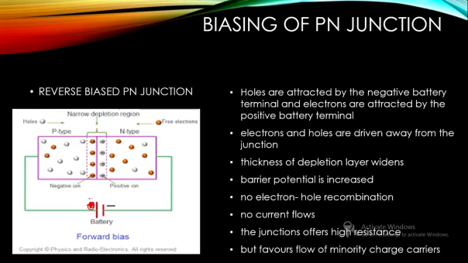So in the reverse case it is negative here, positive here, it is the reverse biasing. So here you can see in the p-type material, the electrons are the minority carriers, so they will be repelled by the battery terminal and hence electrons will move towards the junction. Similarly, holes are repelled by the positive charge carriers, so they will move towards the junction.